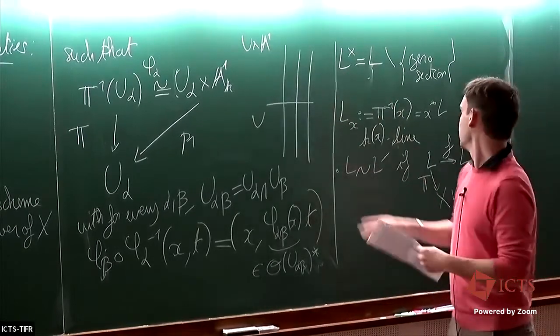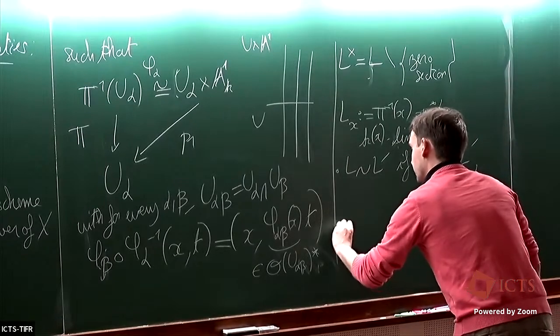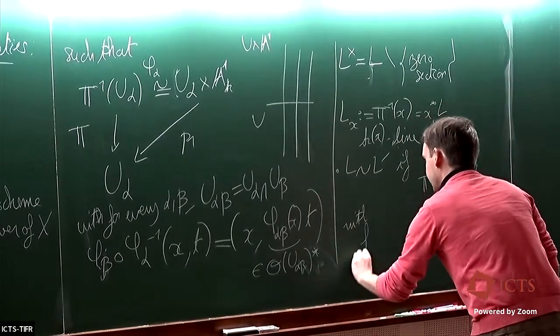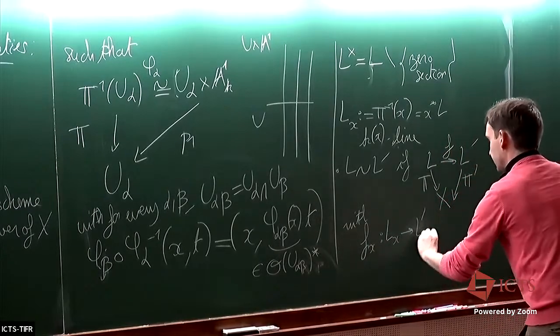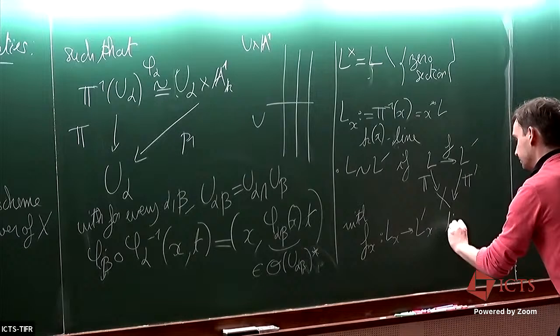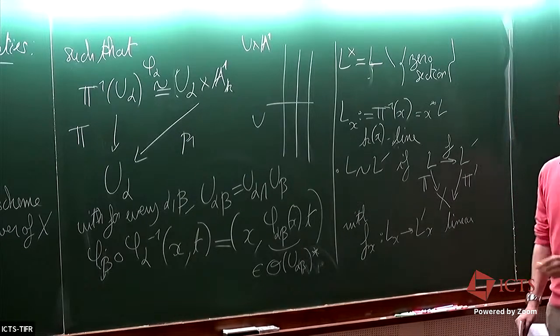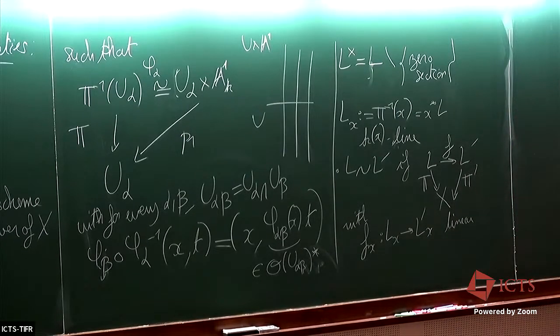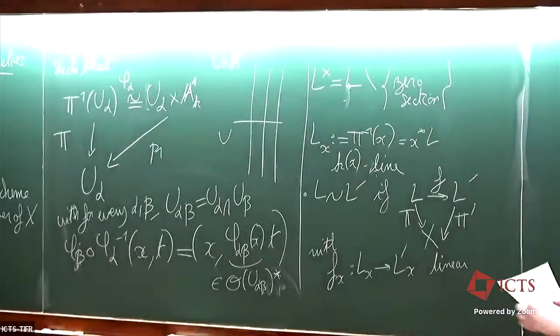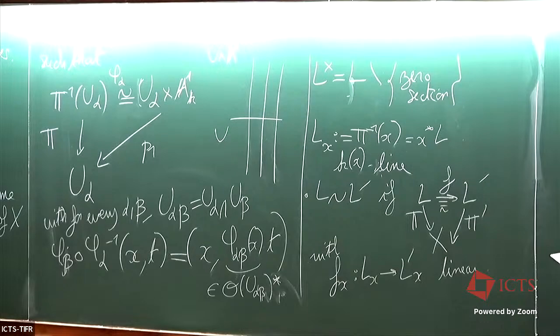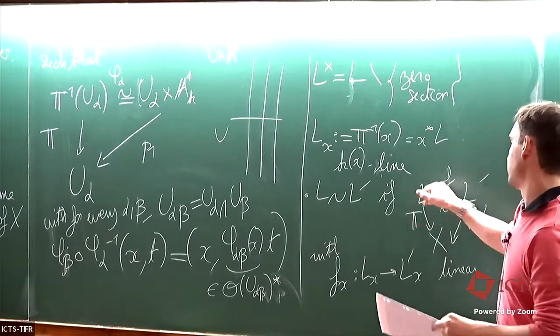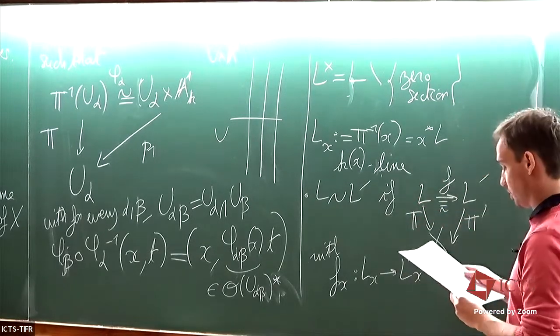You have this, with Fx, which goes from Lx to L prime x, linear. So the natural thing, you want to keep the structure of your line bundle. So here, isomorphism. And of course, you can invert it, then f minus 1 exists and it does what you imagine.